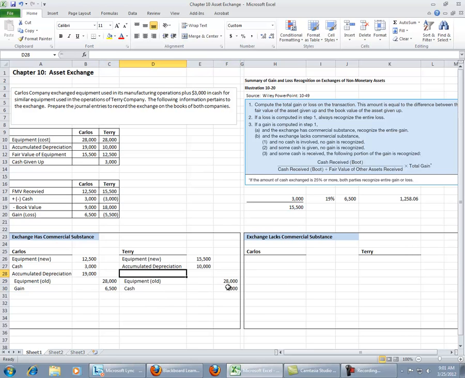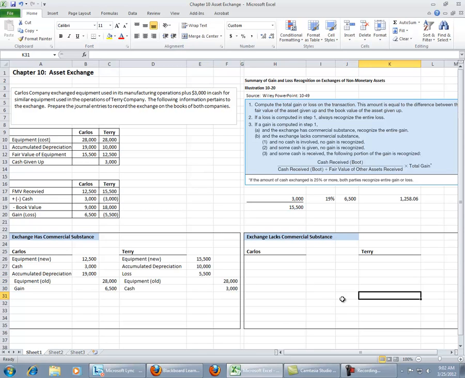And finally, we'll record the loss. So we put the new equipment on our books based on the fair value of what we received. We write off the old value, the 10,000 of accumulated depreciation and the equipment value of 28,000. We credit cash for 3,000 and we record that entire loss of 5,500.